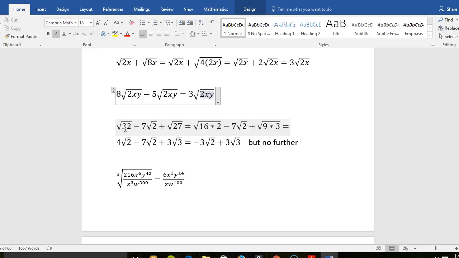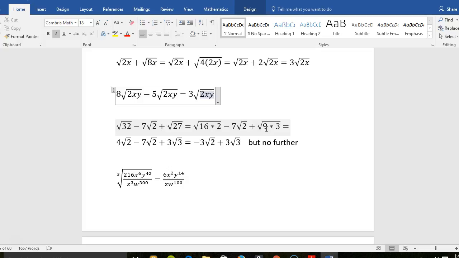So the biggest perfect square that'll go into 32 is 16. So you break up 32 into 16 times 2. And now minus 7 radical 2, there's nothing to mess with. You can't really do anything with that. Now 27, the biggest perfect square that will go into 27 is 9.